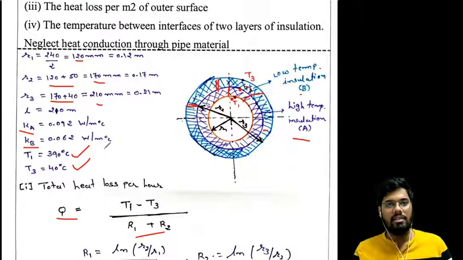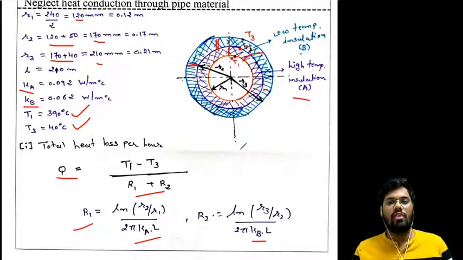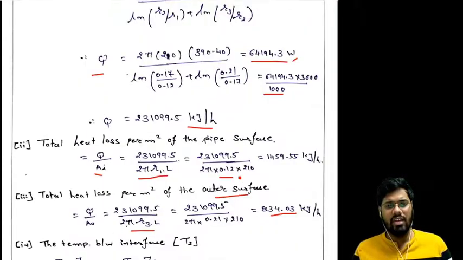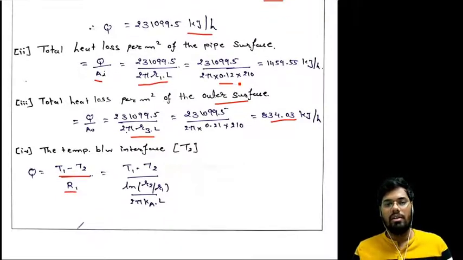And the last thing is the temperature at the interface of the two layers. So we need to find the value of T2, the temperature of the interface. To find T2, we can use our standard equation, Q is equal to T1 minus T2 over the resistance, and between T1 and T2 there is only one conduction resistance, which is R1, and the value of R1 is ln R2 by R1 over 2 pi Ka L. We know R2, R1, Ka, the value of Q and the value of T1.